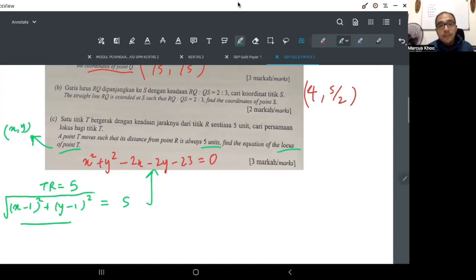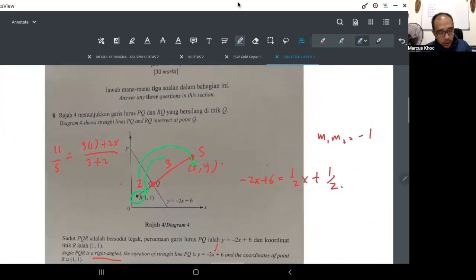At your level, locus questions most of the time involve the distance formula, although there are some instances where they don't. The distance formula is the square root of (x2 minus x1) squared plus (y2 minus y1) squared.